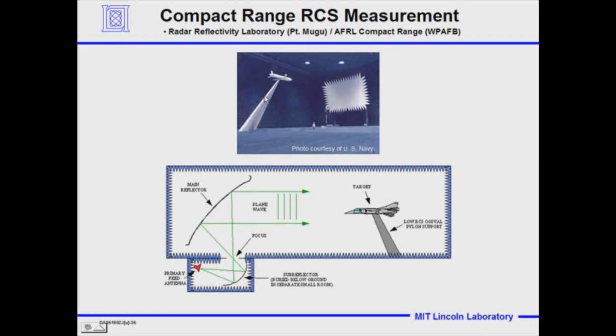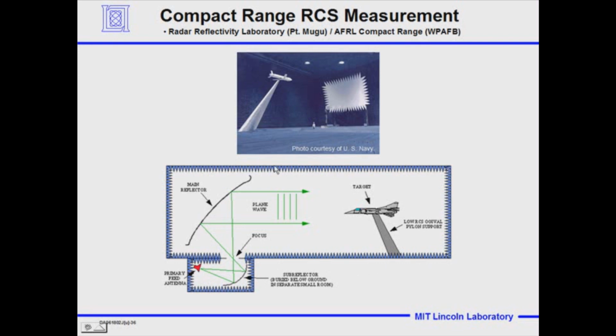You can see that in both cases, the target, in this case both air-breathing vehicles, a fighter, and a little hard to tell on this one exactly what the object is, are located on low RCS pylon support systems, and they're inside of what would appear to be a very large box.